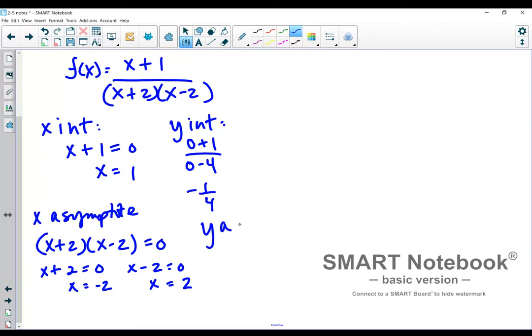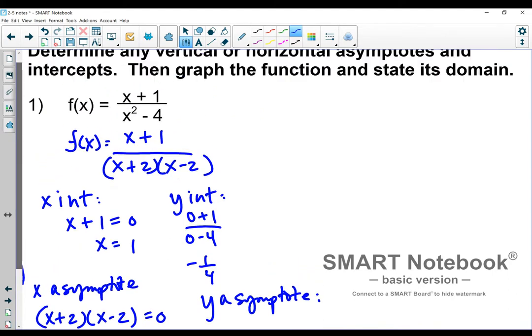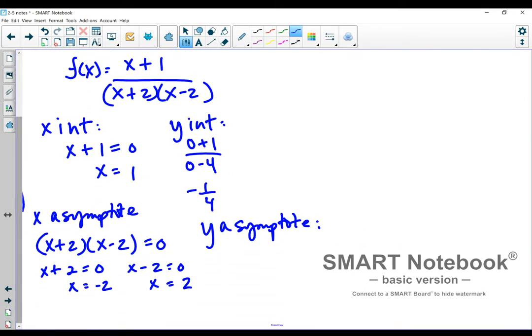And for my horizontal asymptote, let's go back up and look at those degrees. My numerator is first power, so it's linear, and my denominator is squared, so it's bigger on the bottom. And so it's y equals 0.